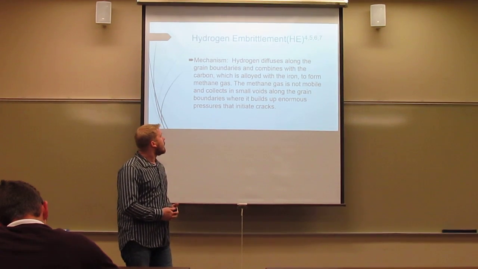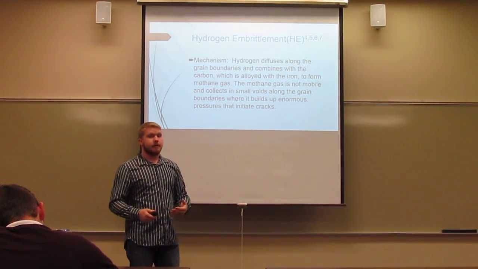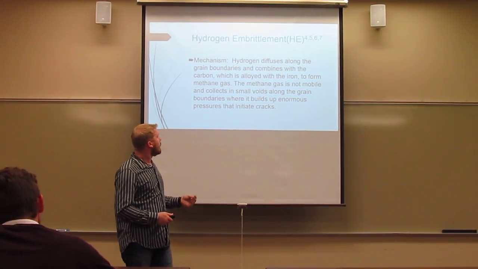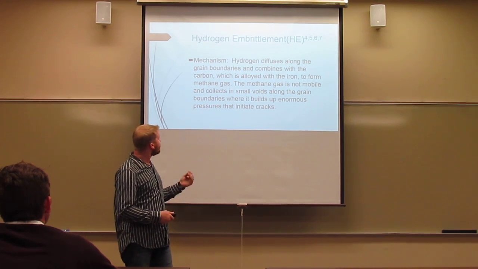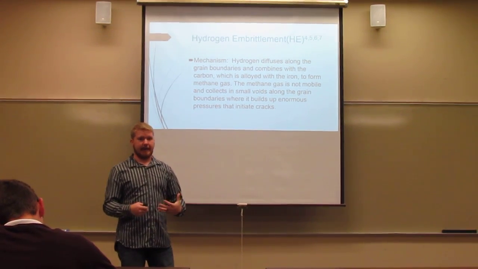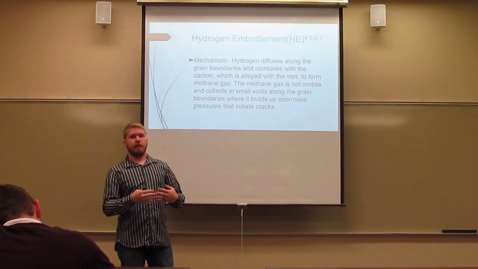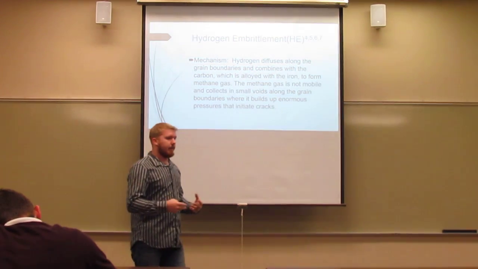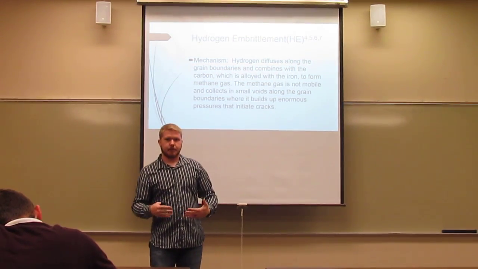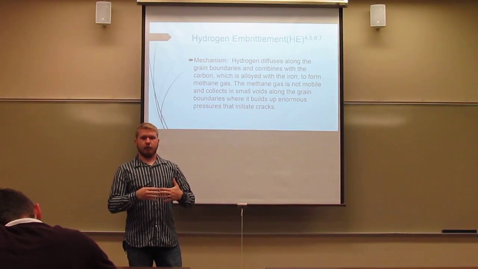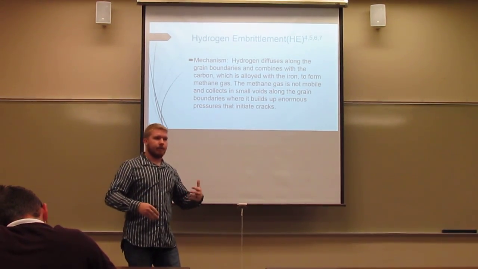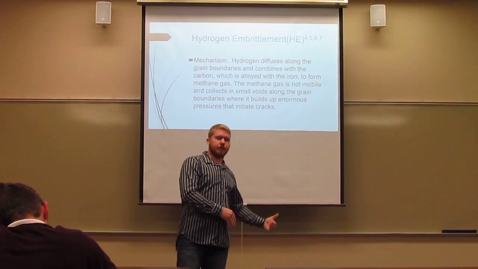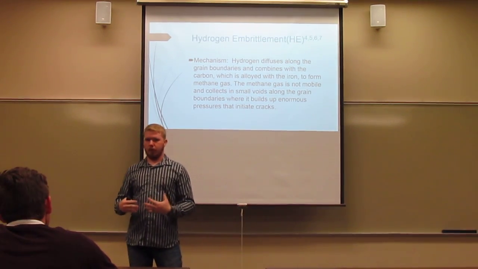Mechanism: hydrogen diffuses along the grain boundaries with the carbon. It combines with the carbon to form a methane gas inside of the actual structure. And then that methane gas, kind of like the blisters, has nowhere to go, so it forms gas and it's going to crack. And you'll see that goes along with hydrogen-induced cracking, but that's also what makes the metal brittle.